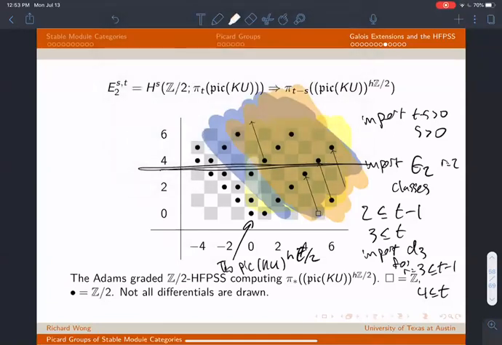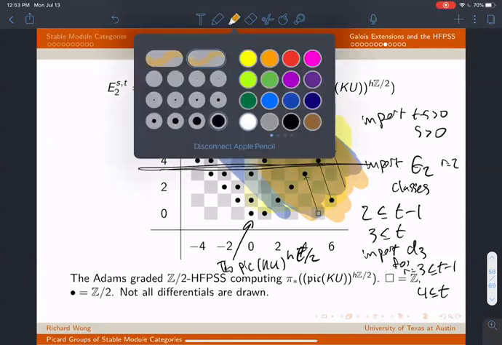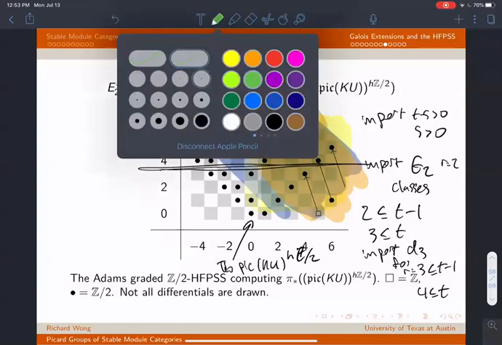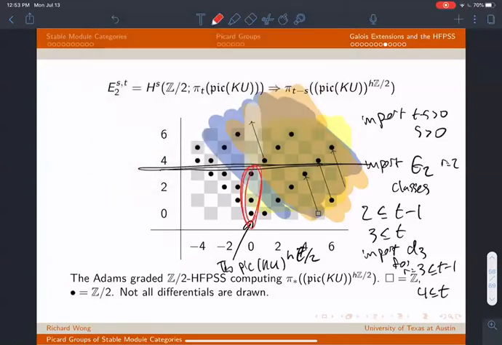Now this is really too many colors, but look at this white line. For everything above this line, we see that everything is either hit or going to be hit by a d3 differential. So the only things that remain in the 0 line are these three classes.